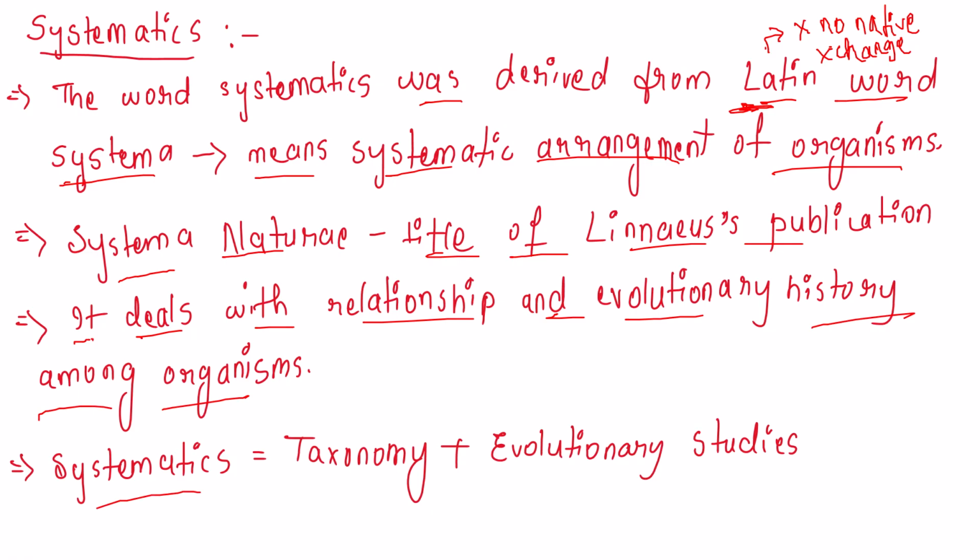So systematics is basically taxonomy plus evolutionary studies. Something is identified, characterized, classified, and then it is named. It all happens. But after naming, we also have to find what relationship that named organism carries with other organisms within their family or order.